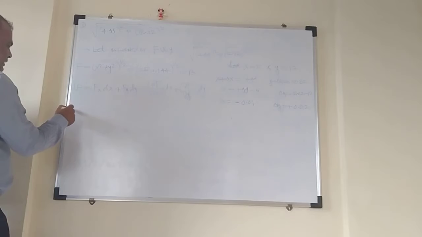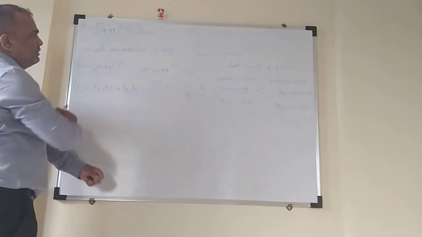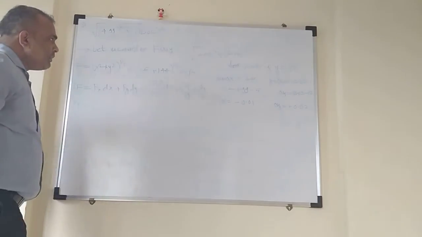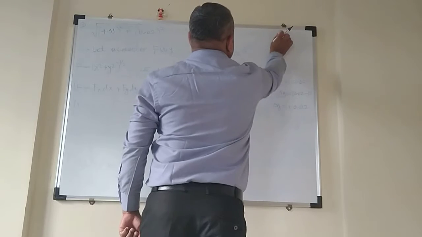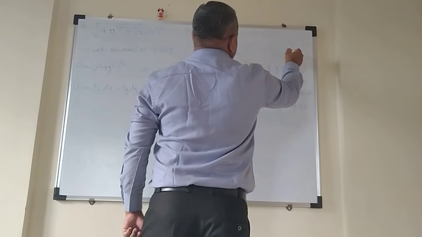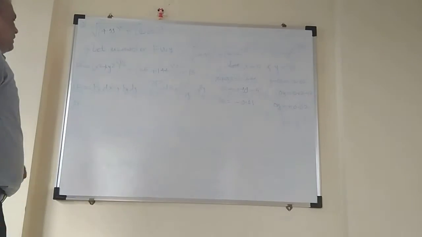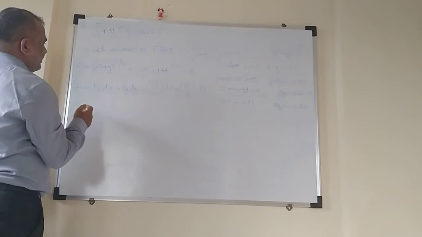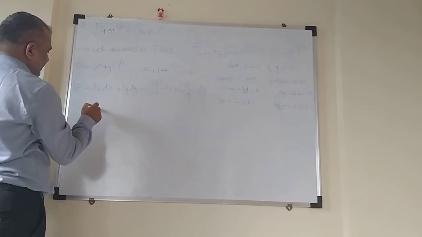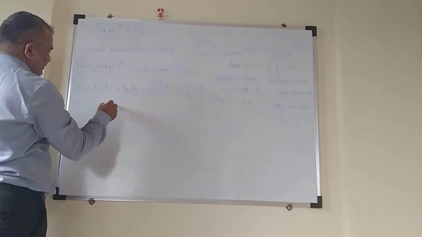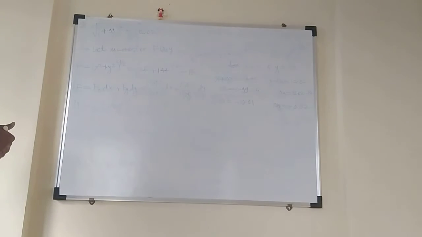Now let's differentiate partially and calculate these values from the given function. I can write x square plus y square raised to power half. The partial differentiation of this bracket with respect to x will be 1/2 times x square plus y square raised to power half minus 1.